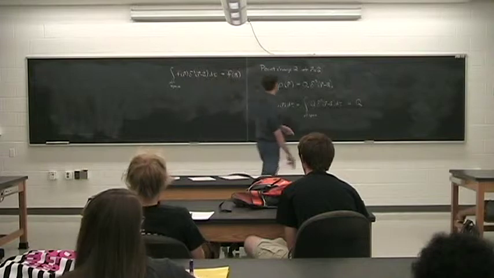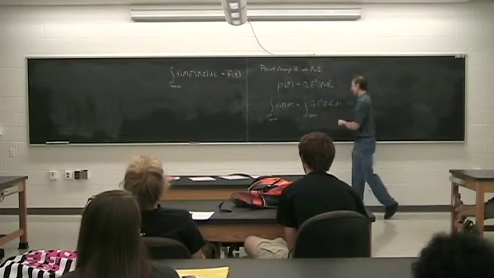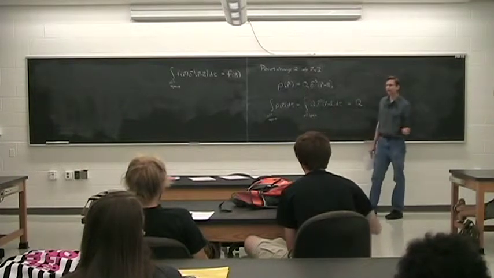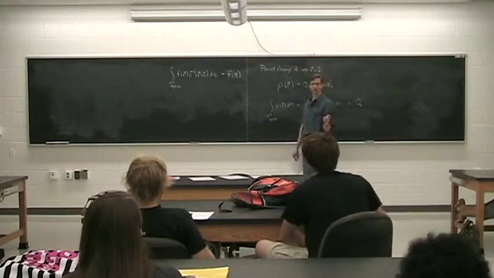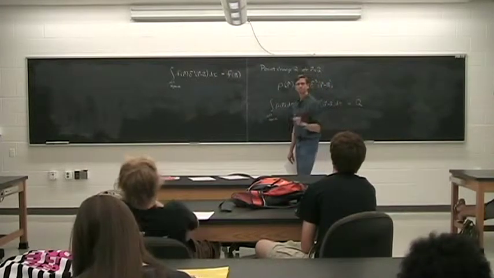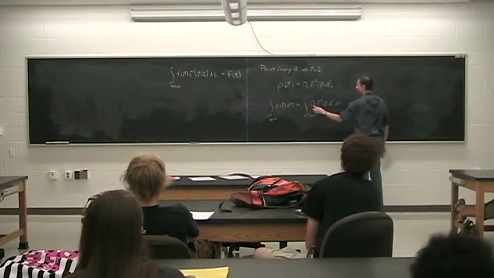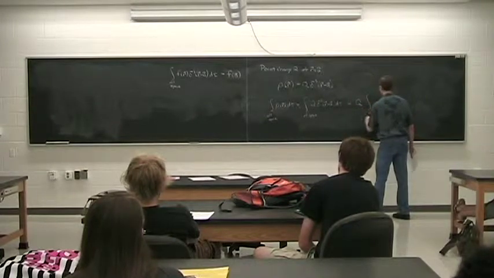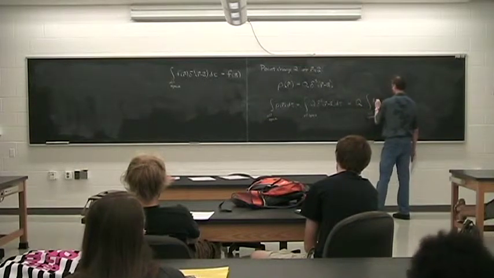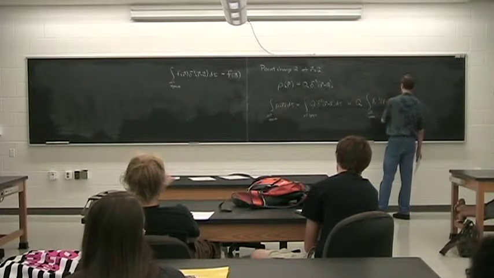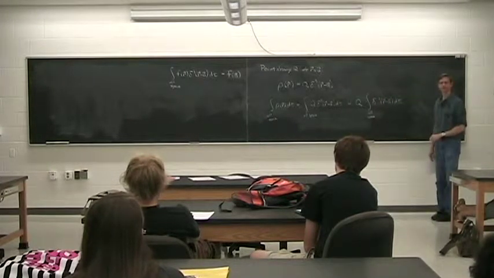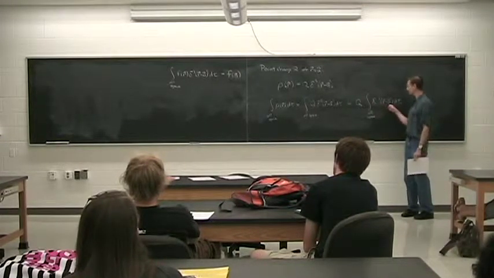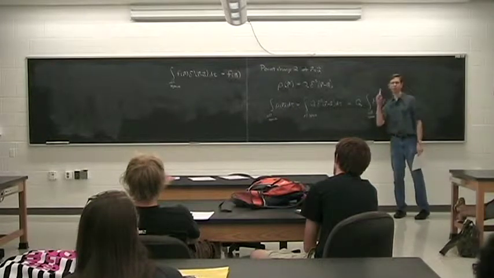Why is the integral 1? Again, you have to think of this as the Dirac delta function. We've defined it to have the property that its integral over all space is equal to 1. I could say this is q times the integral over all space of f times the Dirac delta function, where I'm multiplying the Dirac delta function by the function 1.